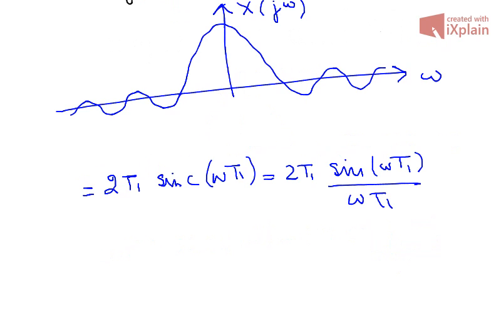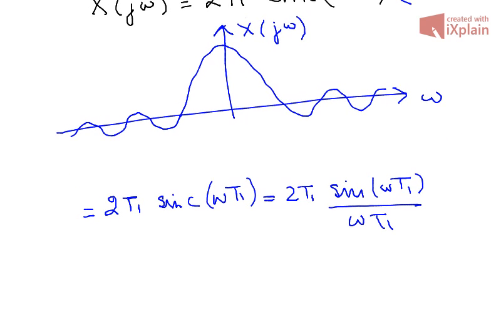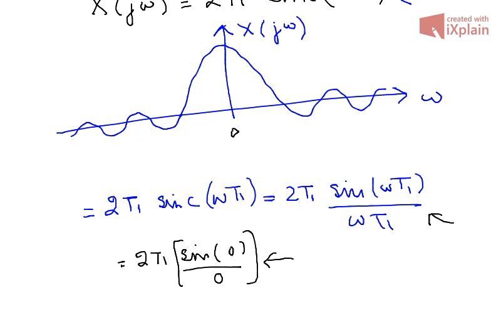You can identify some of the points immediately, such as at omega equal to 0. So when you put omega equal to 0 in this expression, you have 2 times t1 sine of 0 over 0.